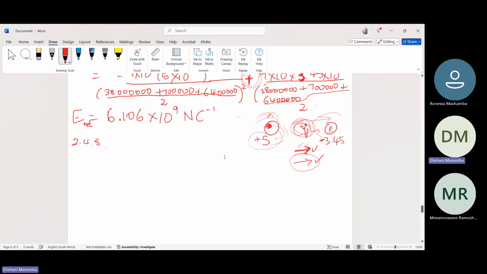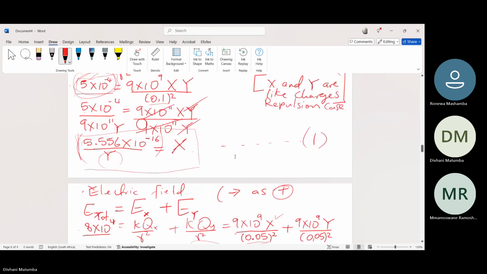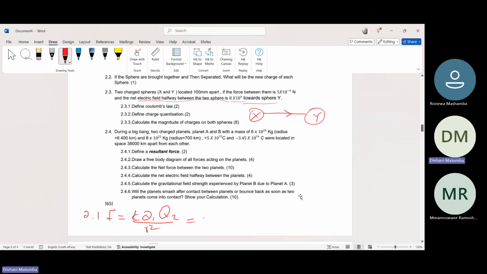The formula of calculating the value of G. A gravitational strength. Mamsan, do you know the formula of calculating the value of G? Sir, is it not GM over R squared? Mm-hmm.